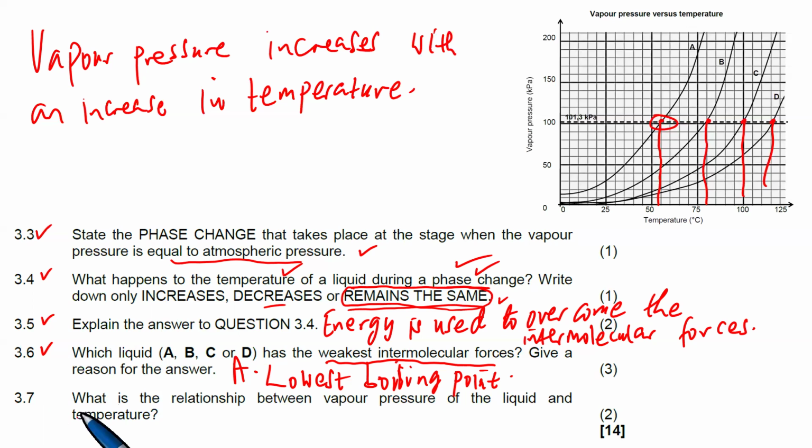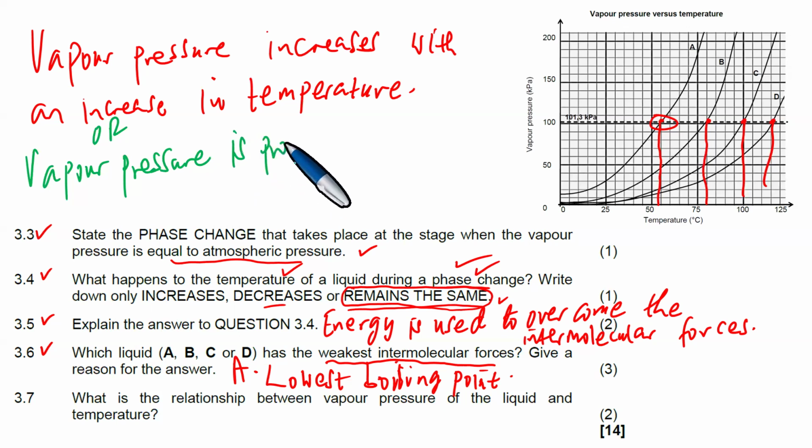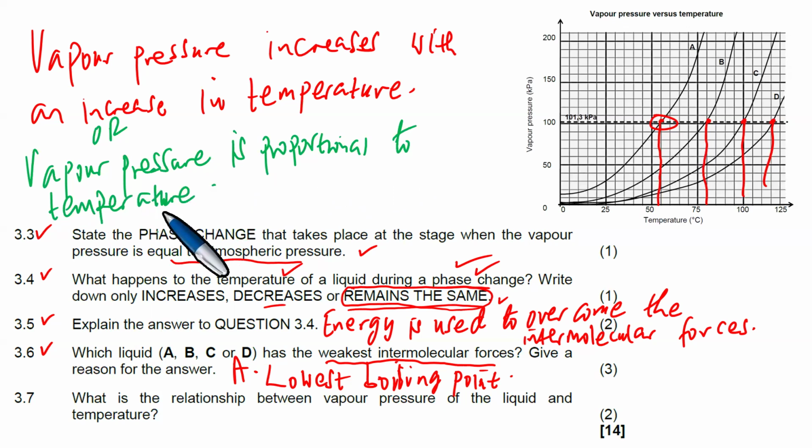Or you can say, if you don't want to say that, I'm going to write in green. You can say vapor pressure is proportional to temperature.